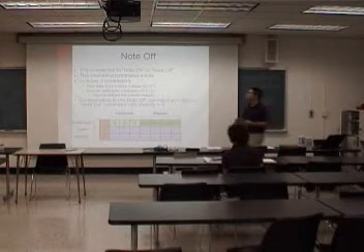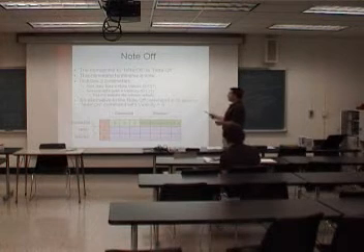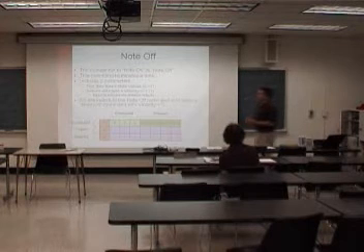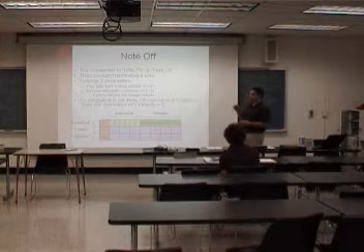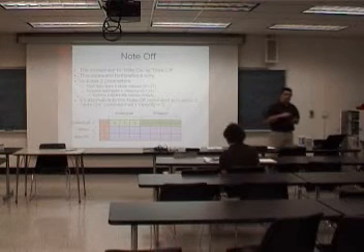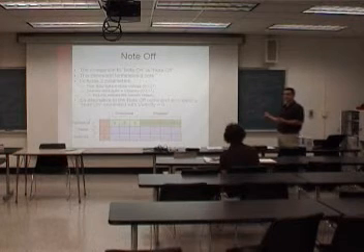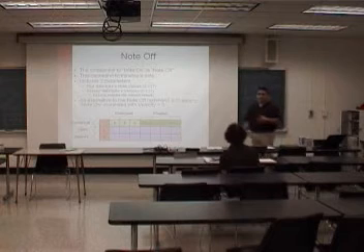So the note off command looks a lot like the note on. It has a data byte that is the note value, and a second data byte that is the velocity. And I'll talk about what velocity is again. There's also an alternative. You don't have to send a note off command. If you send a note on command, but with the velocity equal to 0, that's the same thing as note off.